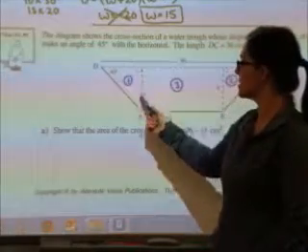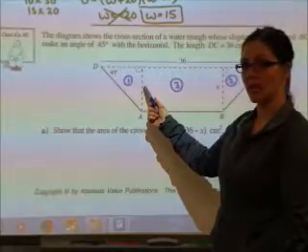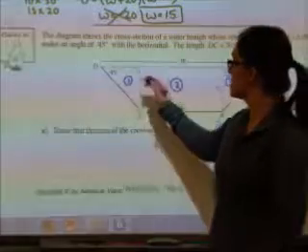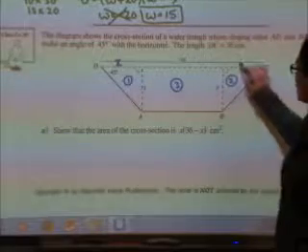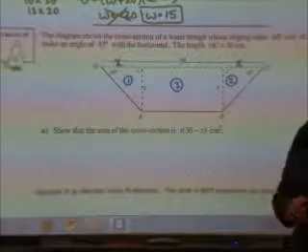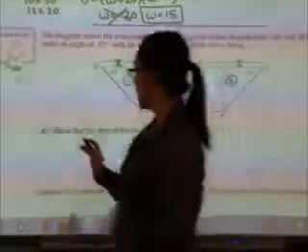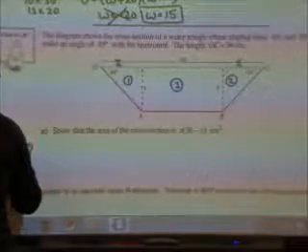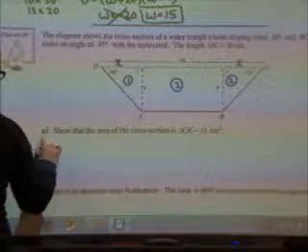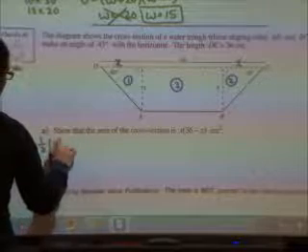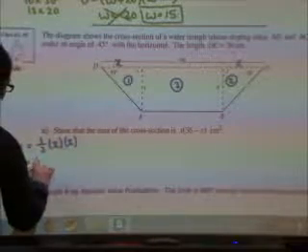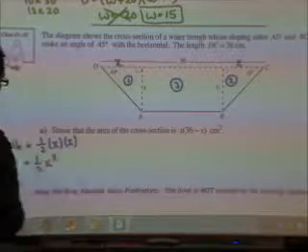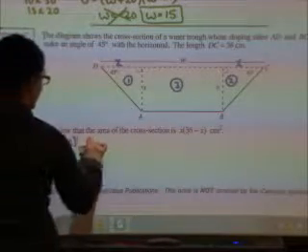And in an isosceles triangle, this measurement here is x units. The same thing happens over here. So my area 1 is a triangle: 1/2 base times height, so that's 1/2 x squared.